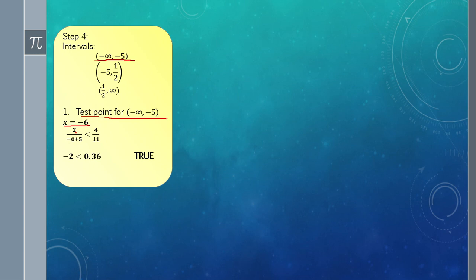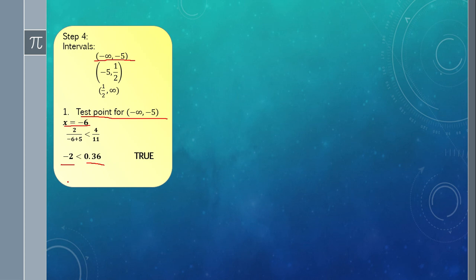We are going to substitute negative 6 to our original equation. And as you can see, 2 over negative 6 plus 5 is less than 4 over 11. And then we are going to simplify that. Negative 6 plus 5, that is negative 1. 2 over negative 1 is negative 2. 4 over 11, you can use your calculator, and that's going to be 0.36.